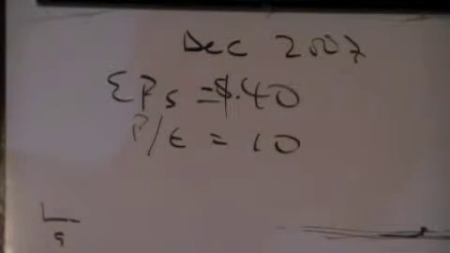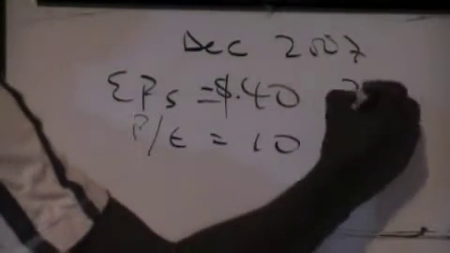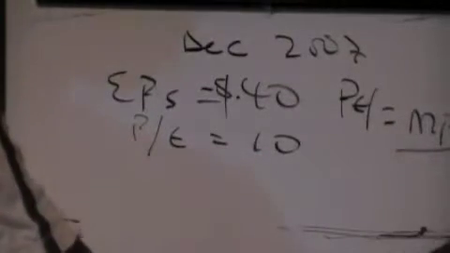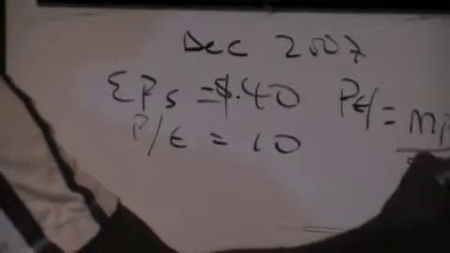This is more or less straightforward, because if the price earnings ratio is 10, we know that the PE ratio is equal to the market price divided by the earnings per share.